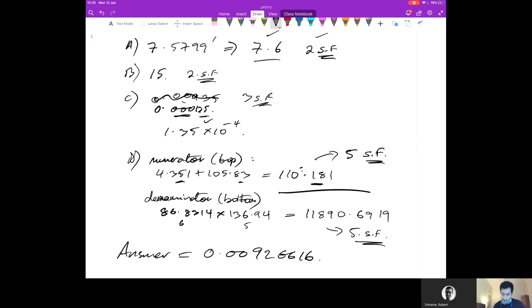The answer should actually be 9 to 1, 2, 3, 4, 5. 1, 6. So that should be a 2 on the end there, right? There you go, 92662. Yes, correct. So I'm just reading through your answers, and there seems to be a bit of confusion there. So this is the way to do it.